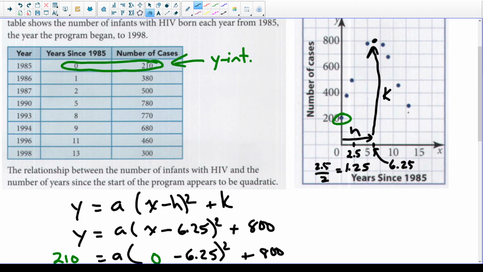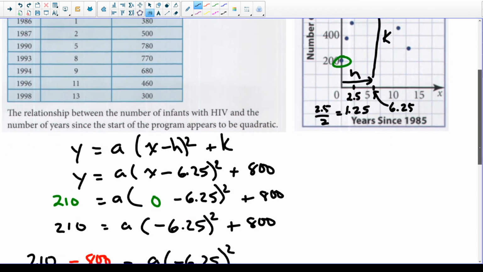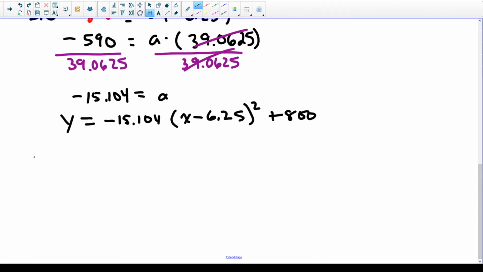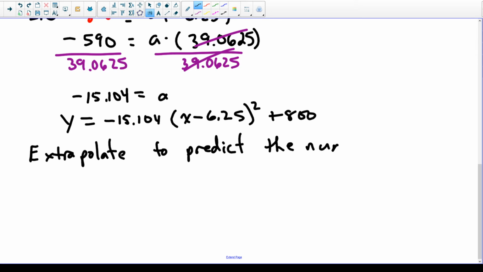So instead of waiting for year 15, projecting in the future, which is called extrapolation, I could ask you to extrapolate to predict the number after 15 years.